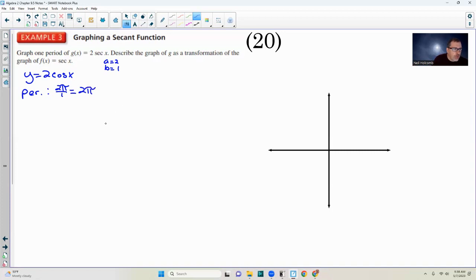So the period of cosine is 2 pi. And remember where cosine is. So if this is 1, 1, 2, 3, 4, like so. Cosine of 0 is 1, but we're stretching it up to 2. So cosine of 0 in this case is 2.